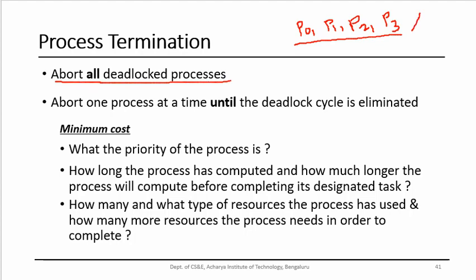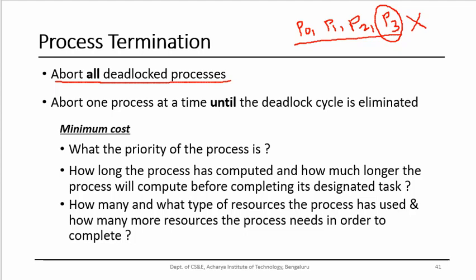You abort the execution of all these processes. But this is an expensive solution. This process P0 would have run for, let's say, 2 seconds, whereas this P3 would have run for 15 seconds and it is on the verge of its completion. So if you abort all these processes, then it is computationally very expensive, right? So this is the first approach.